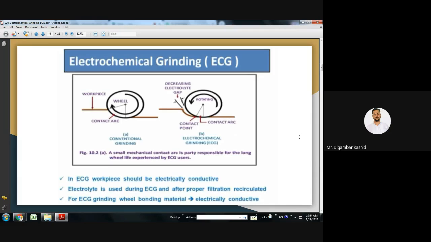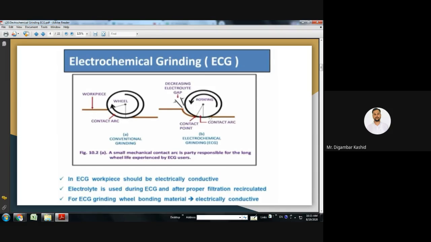Now I will talk about this electrochemical grinding. Here in electrochemical grinding, the contact is an arc contact, and actually there is a small gap. In conventional grinding, the grinding wheel, that means the abrasive particles, are totally in contact with the workpiece metal.